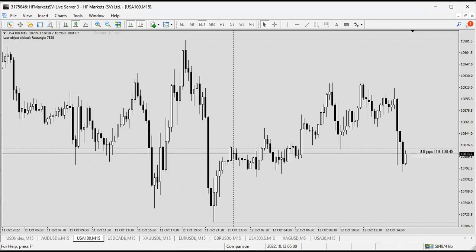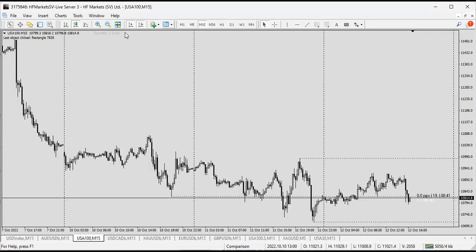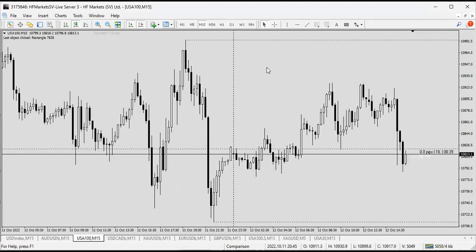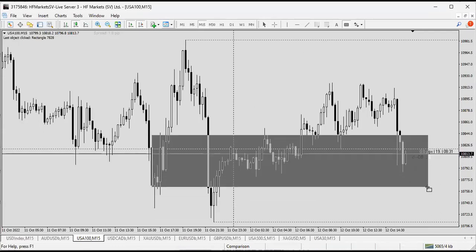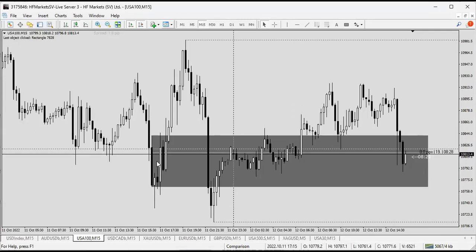So this is the event day. Where's the candle that closed below here? Let's put that here. So that would be your order block. I think that's where I wanted to buy yesterday. Very likely.